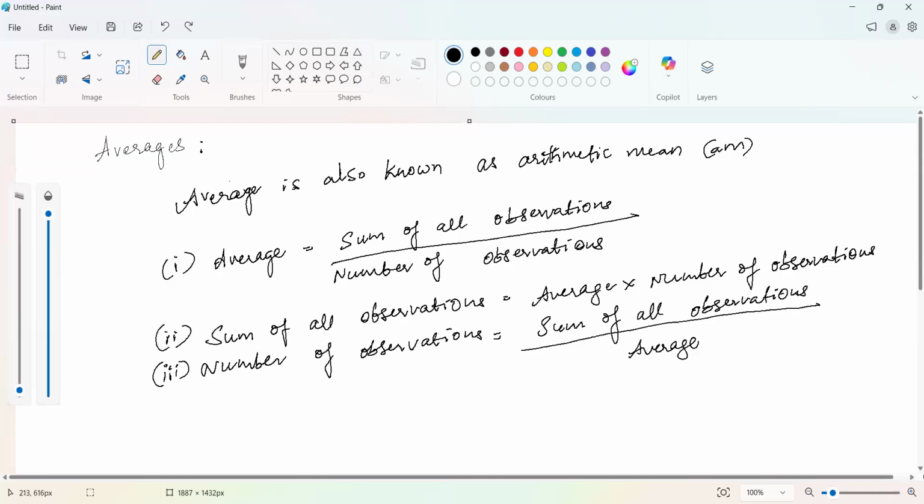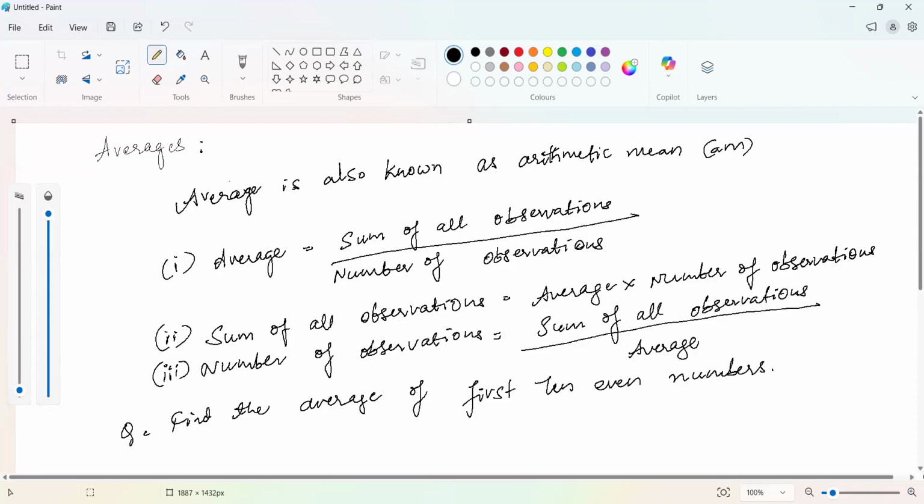First question I'll give you. Find the average of first 10 even numbers. So numbers I have not given you.